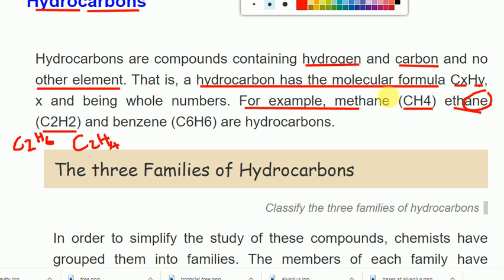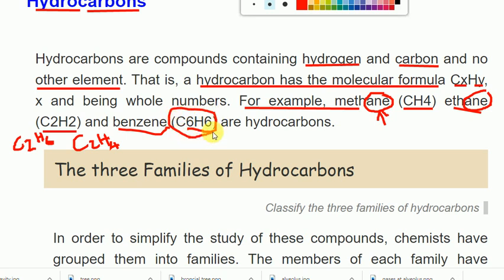The difference is in the last letters of the name. For example, this is ane. So ane means this is an alkane. You see this ane means the homologous family of alkanes. For example, this C2H6 is ane, ethane. Then we have benzene, which is C6H6.